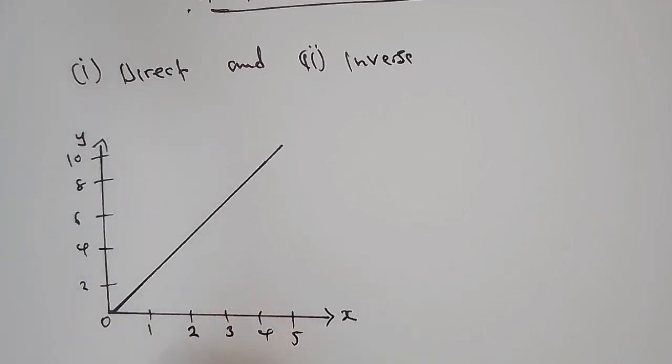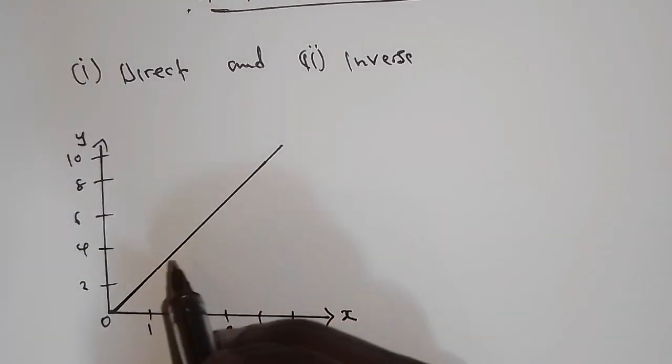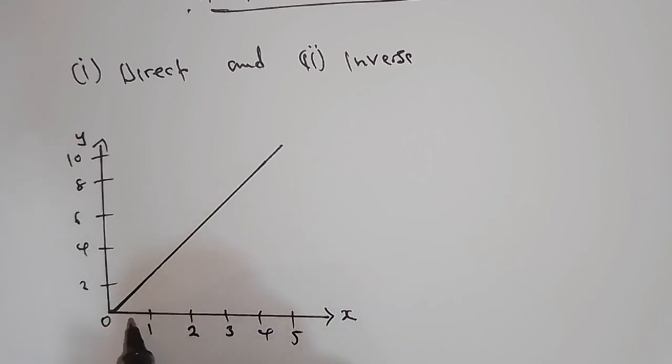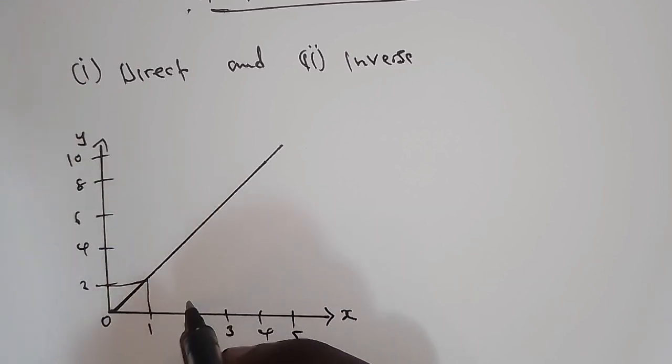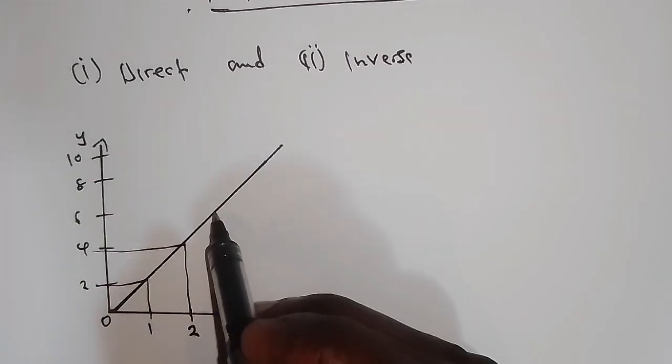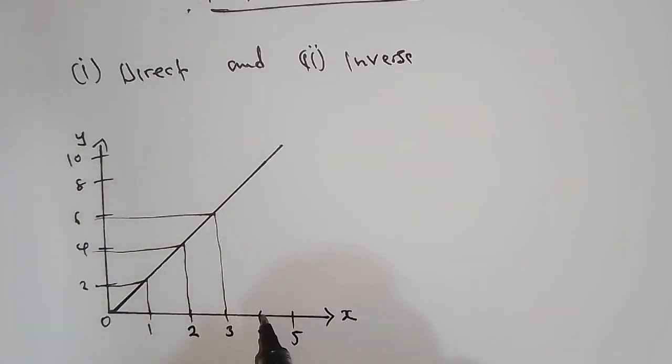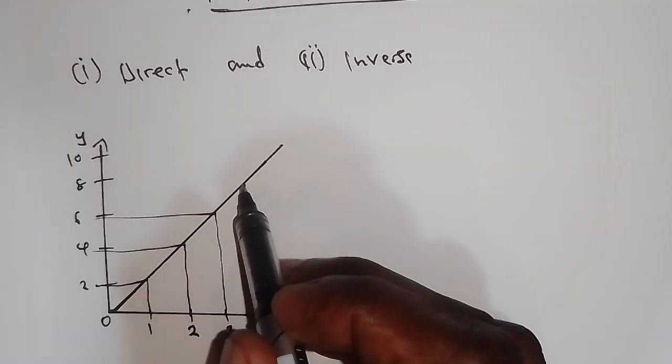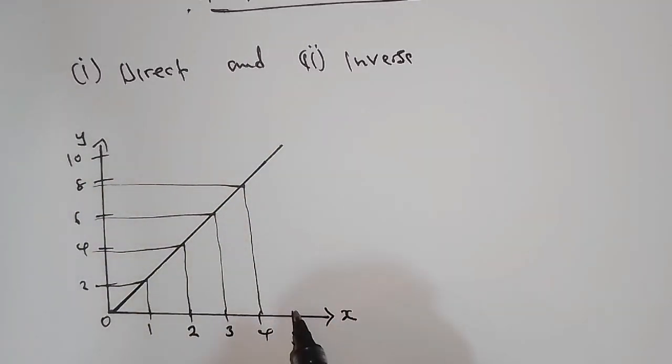Okay, so when you look at this graph, meaning as the value of x increases, so when you're at 1, y increases. When you're on 2, that increases too. So if x increases, you'll have y increasing there.